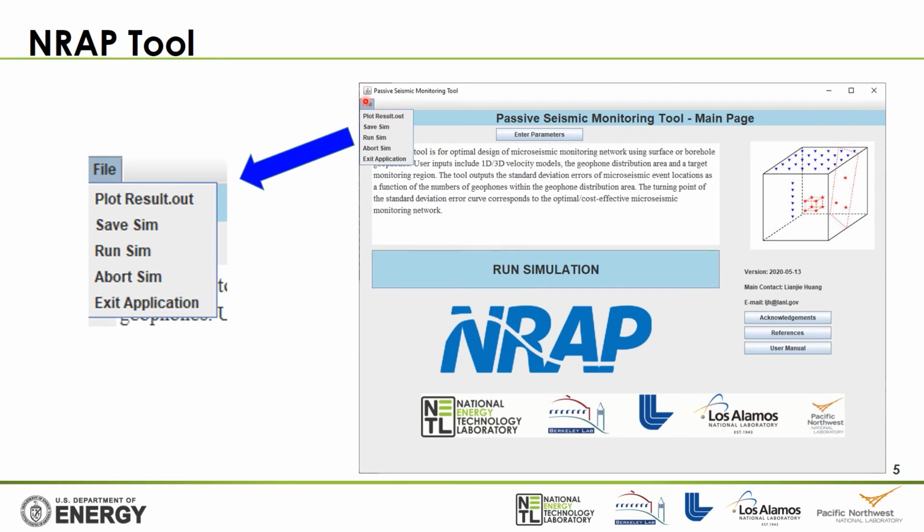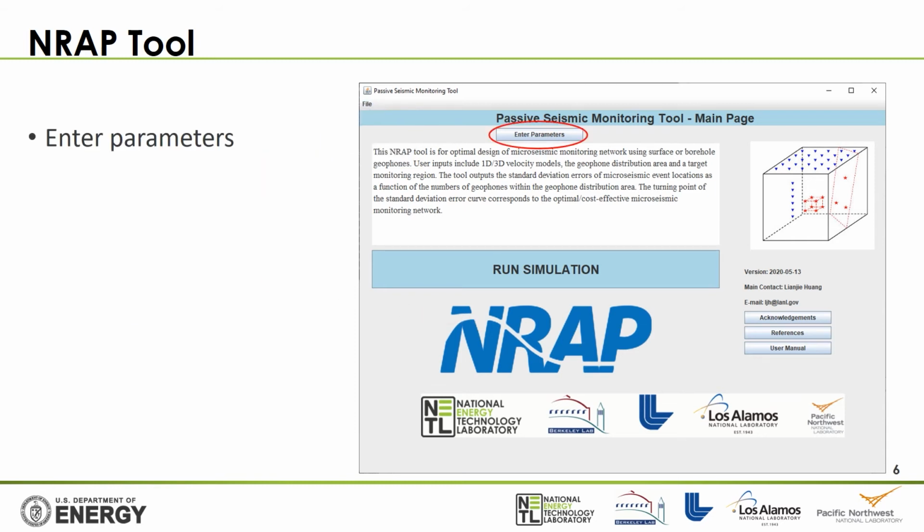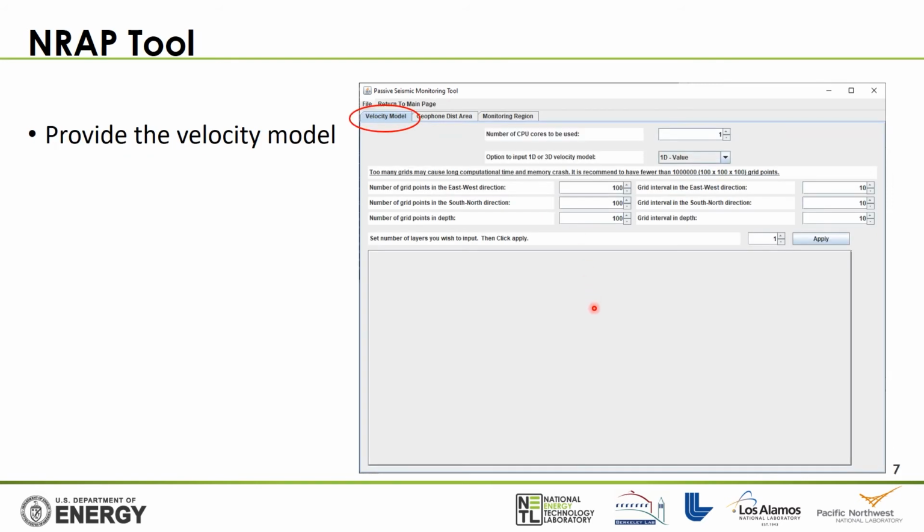When you click this button, it will show a few action items you can do, for example, to plot the result, to save the parameters, to run the tool, etc. So the first step to run the tool is to enter the parameters by clicking this button.